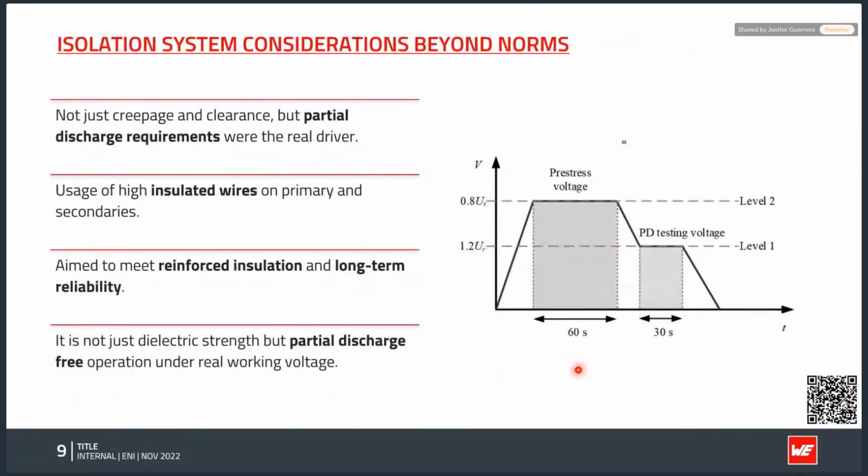And something that I think happens often when people are designing transformers is that sometimes we don't think beyond the norms. People say, okay, let's just be compliant with creepage and clearance. But the real challenge sometimes, especially in modern gate drive transformers, is meeting the partial discharge requirements under normal or real working conditions.